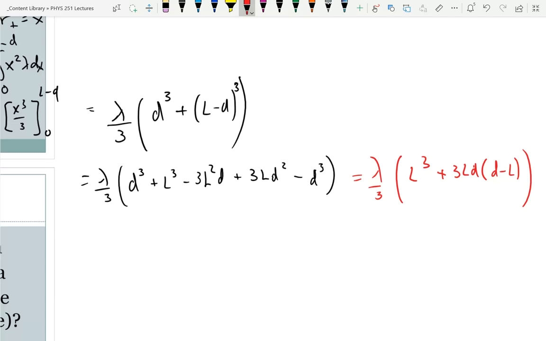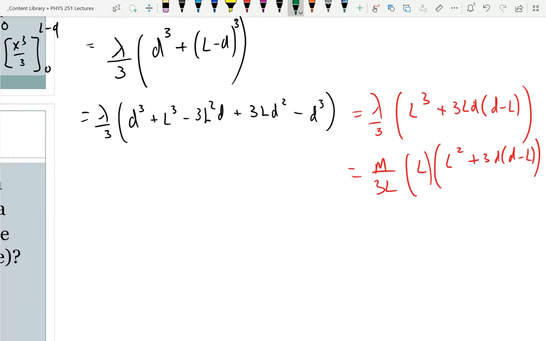Okay. Oh, yes, that's right, because I was like, I have the wrong units. But lambda is mass over length, so it is the right units. In fact, I should write it like this, and then we can cancel the 3.